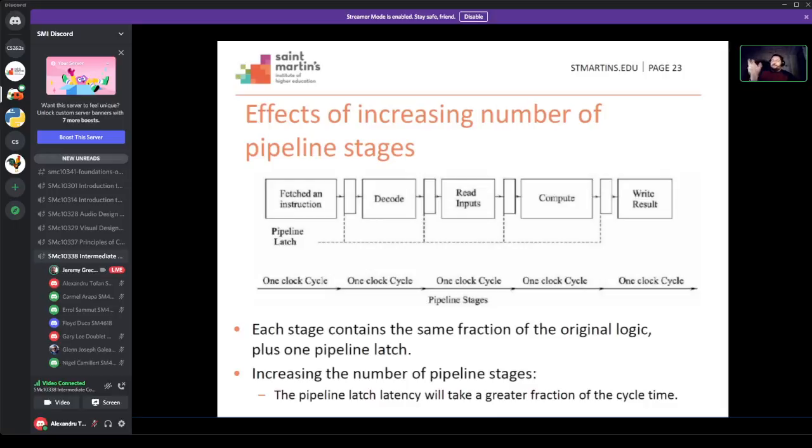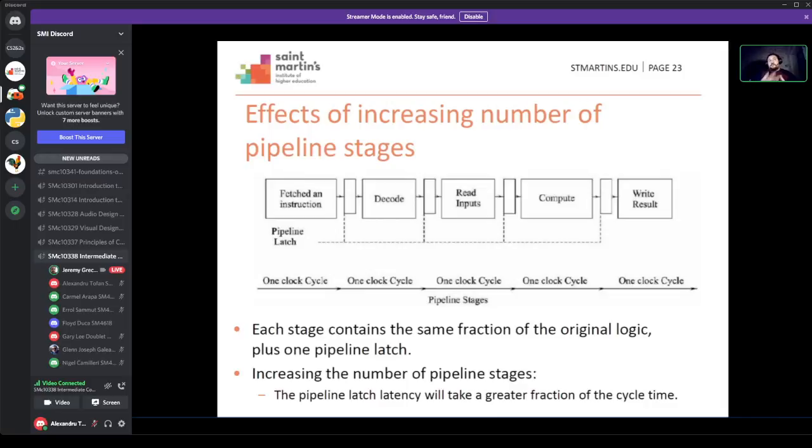However, every time we are performing a function within the pipeline, at some point we will then need to transfer the execution, if you will, of that particular instruction to the next stage. So essentially, if I am fetching an instruction, all well and good. I have managed to fetch an instruction.